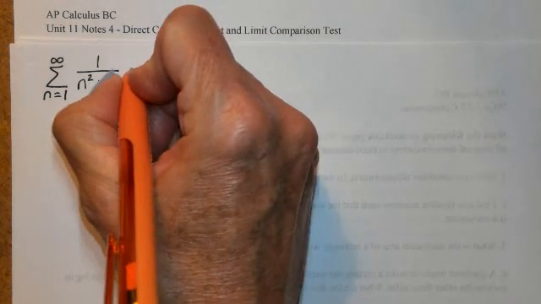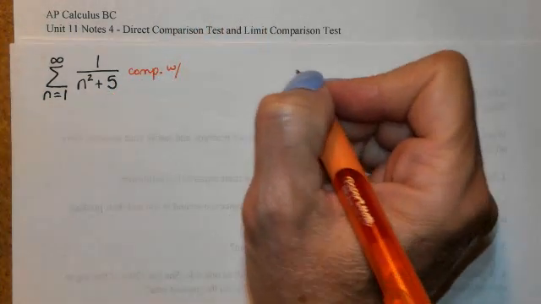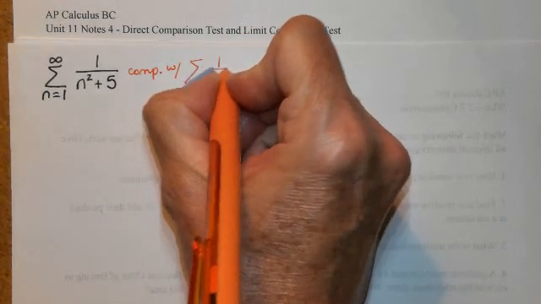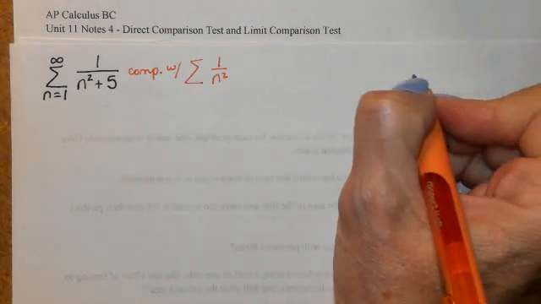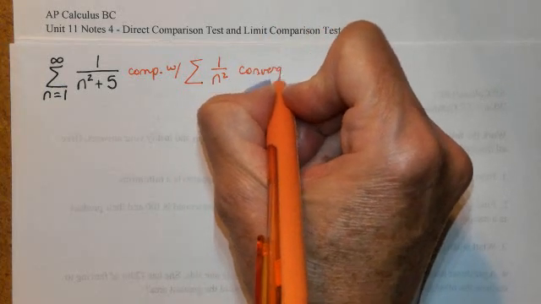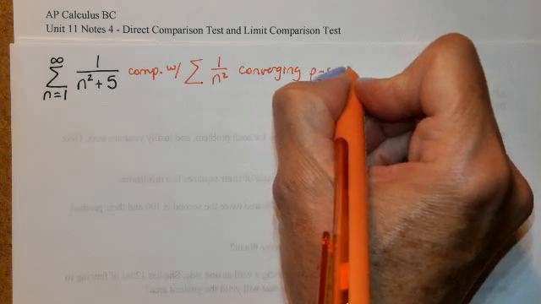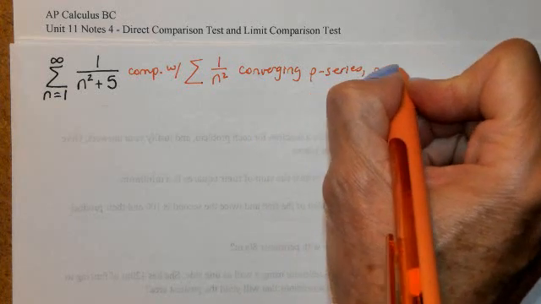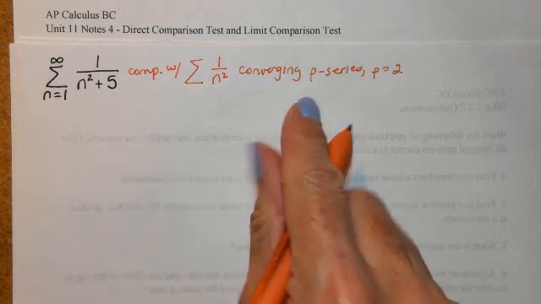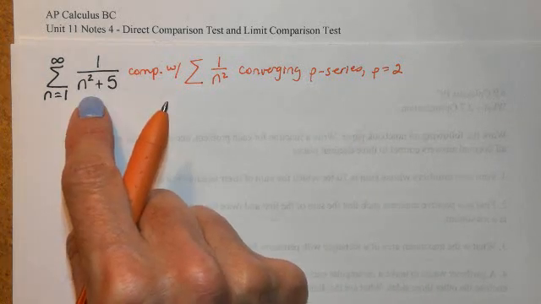And I would compare with the series of just 1 over n squared. I know that this converges because it's a p-series with p equal to 2, right? So I know that this one converges. Therefore, this one has to converge as well.